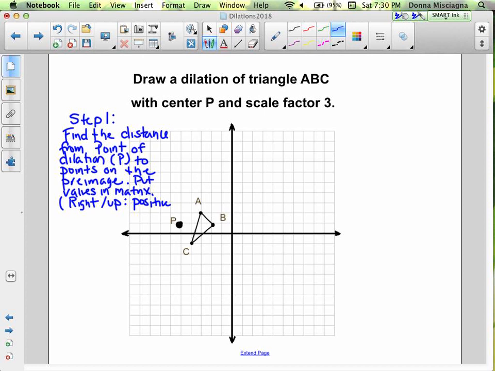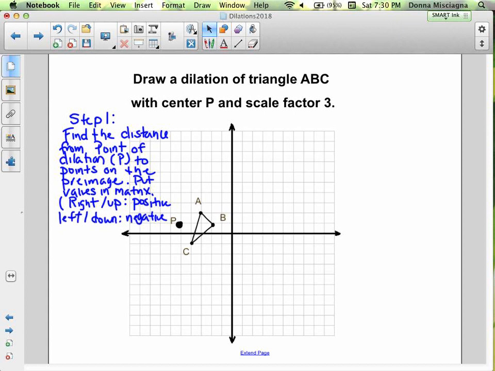If you go left or down, that's negative. Right refers to x, left refers to x, up is y, down is y. All right? Now we've got everything.